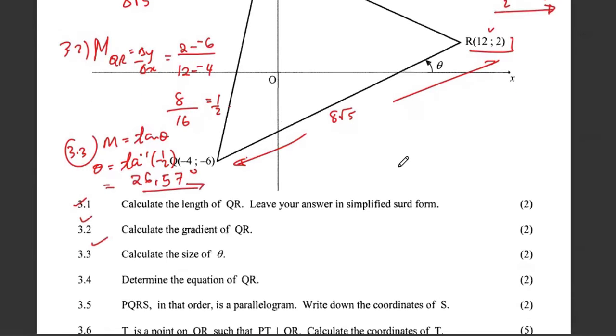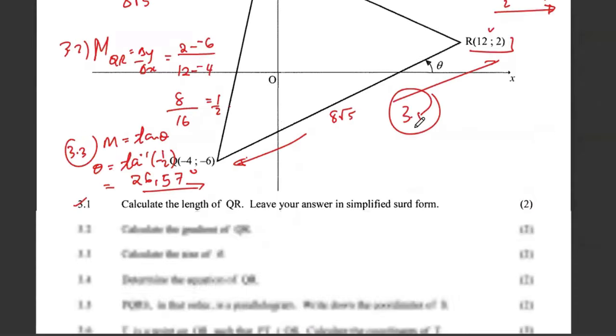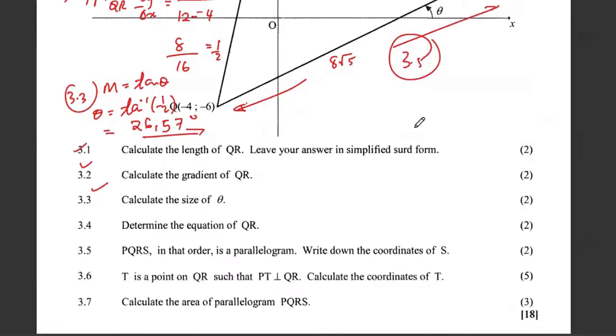And then 3.5, they want us to get the coordinates of S. All right, so that's 3.4 with the equation. And then 3.5, they want us to get the coordinates of S if PQRS is a parallelogram. Now, it's up to you.